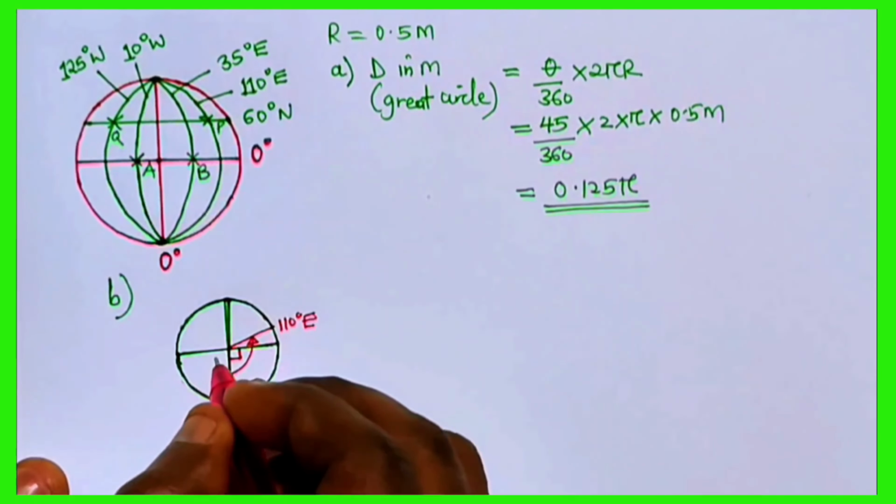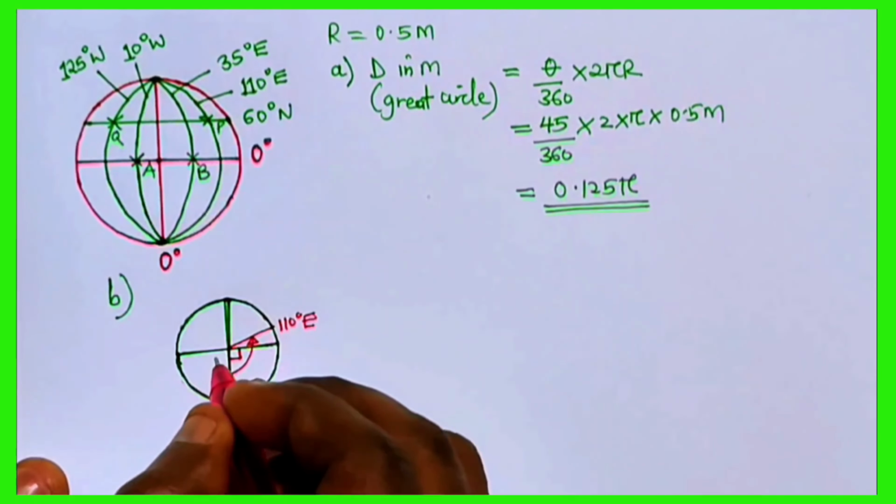To find the area of the minor sector, where this is O, and then you've got P and Q here, that means the area that I've shaded with the red color, we are going to consider the formula: area will be equal to theta over 360 degrees multiplied by the area of a circle. But then you have to remember that the radius of this circle will be equal to r cos beta, since it is the radius of a latitude or a small circle.